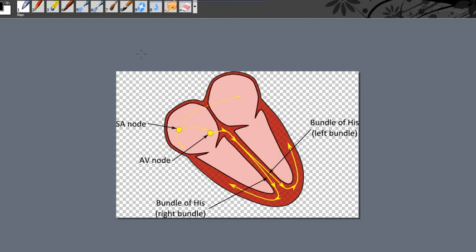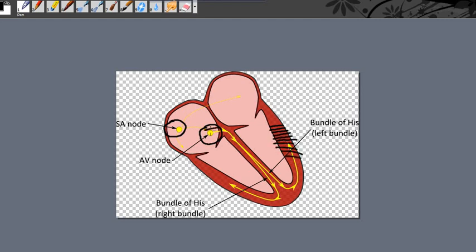So where in the heart is the beta 1 receptor located? In the heart there are many components, and beta 1 receptor is mainly concentrated on the SA node, on the AV node, and on the ventricular muscle cell. These red color cells are ventricular muscle cells or ventricular myocytes.